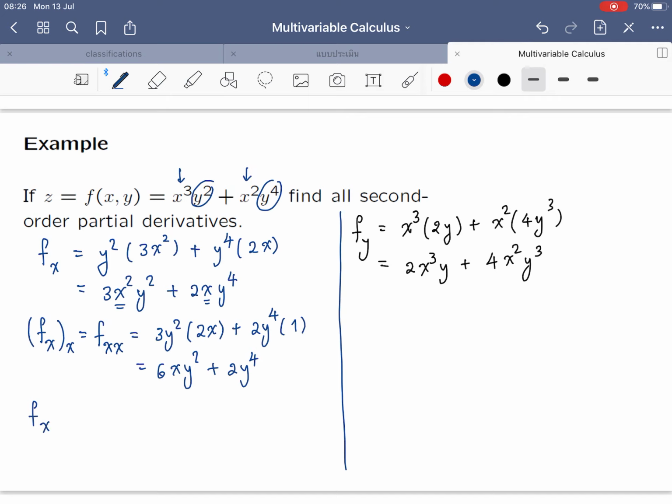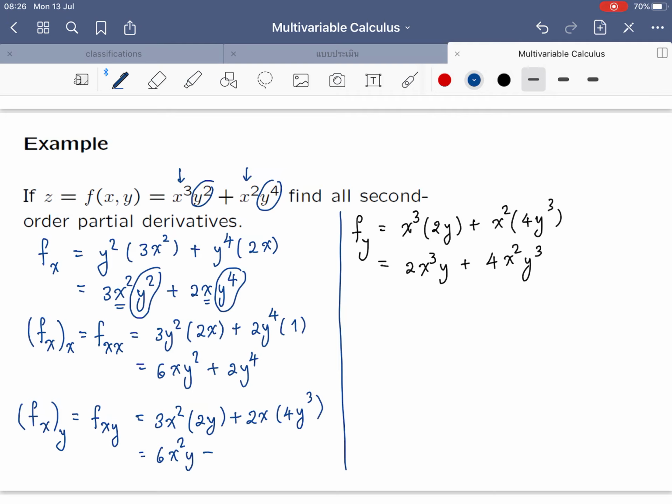If you do the other way around, you find further with respect to y. Now the 3x squared is a constant, and the derivative of y squared is 2y, and the 2x is a constant, and the derivative of y to the fourth is 4y cubed. So you get 6x squared y plus 8x y cubed.